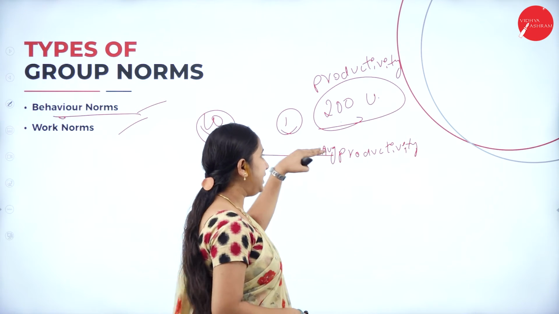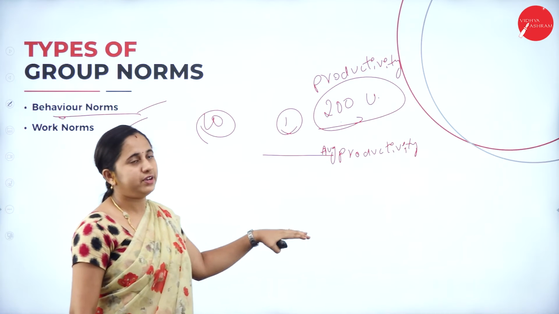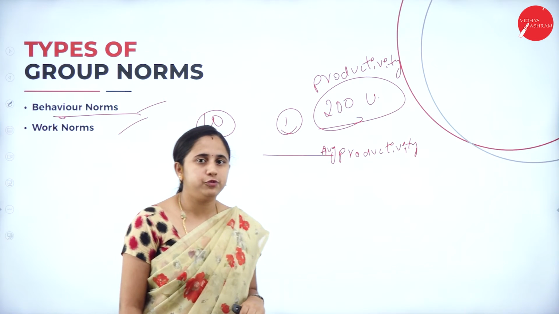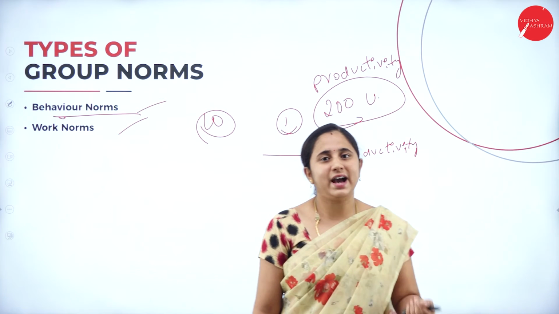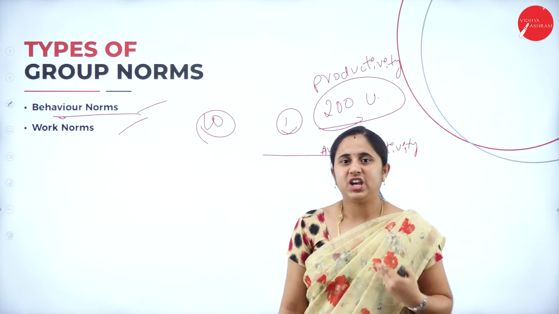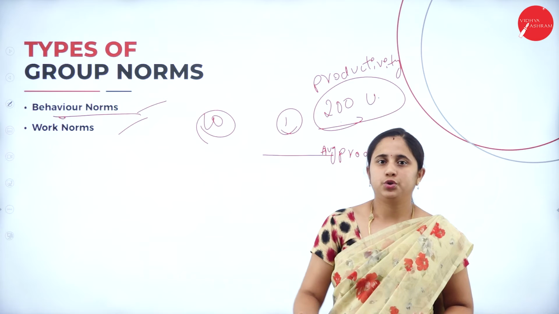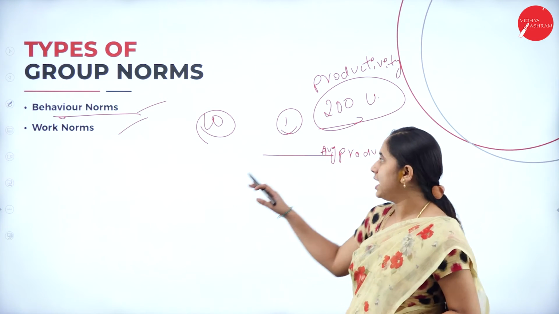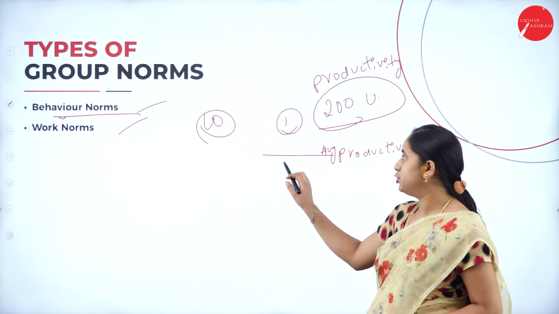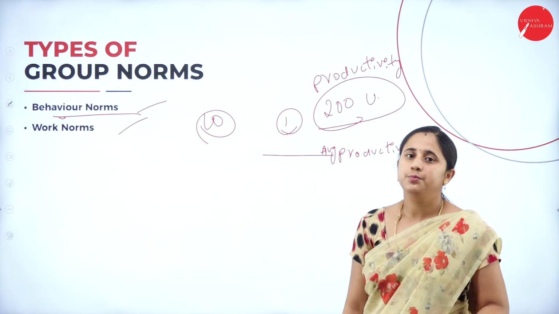Below average is considered a poor performer, so you can motivate or guide them, and you can change their behavior through various steps. You can take the necessary steps to improve those poor performers.